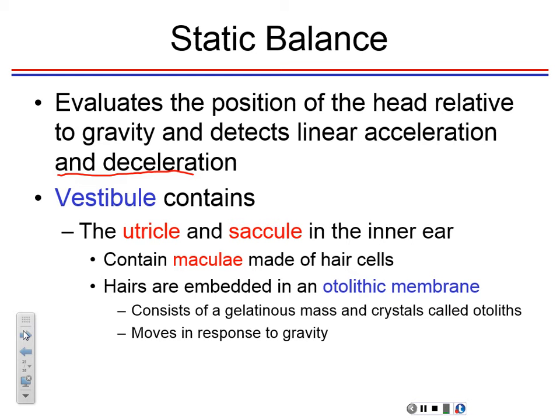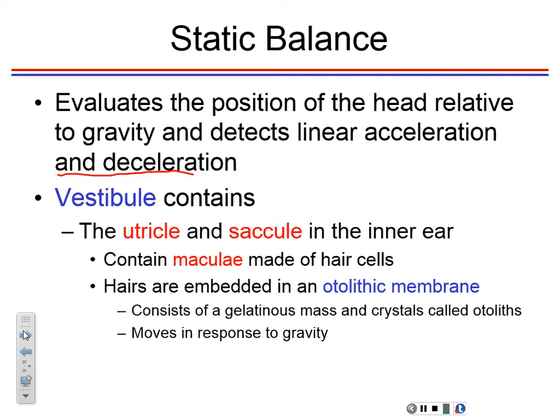Now, remember we said the tectorial membrane sits on top of the organ of Corti. The hair cells in here have the otolithic membrane. It's like a gel with little calcium stones called otoliths to give weight, because again it's gravity. So it puts weight on those hair cells, so that when you move like this, that weight moves with the stones, and that's how it agitates the cells.